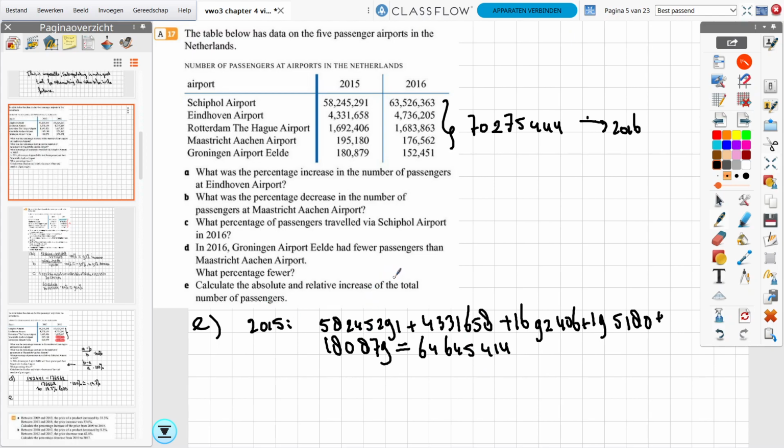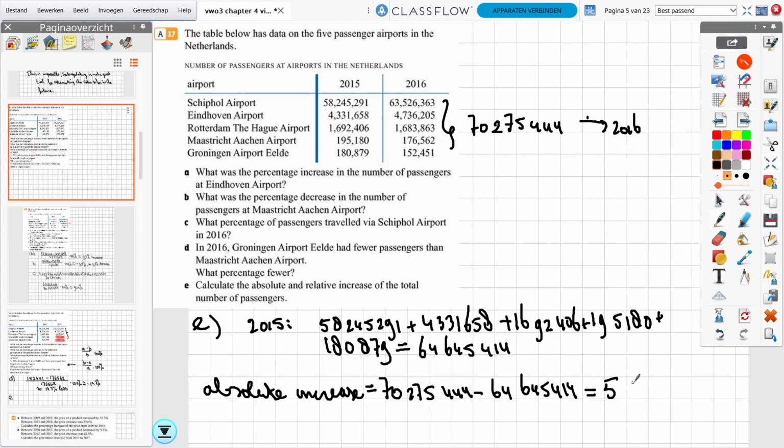Absolute increase is just the increase or decrease in amount. So the absolute increase here is equal to 70,275,444 minus 64,645,414, which will give me 5,630,030.